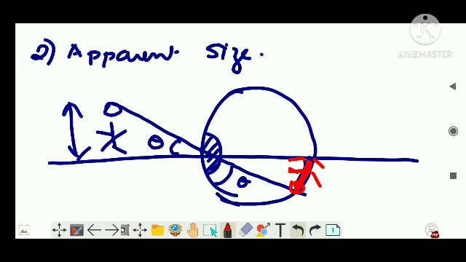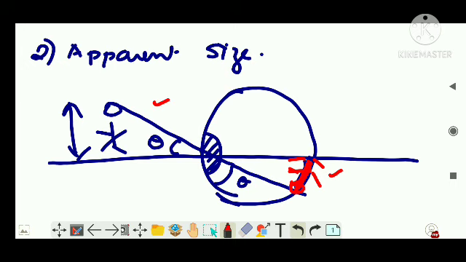I am not getting the actual size of the person in my eye. The proportion and image sizing is done in the brain. This is how the eye works. This means I am not able to see the actual size of the human being.